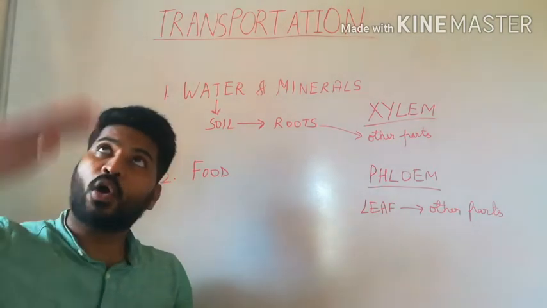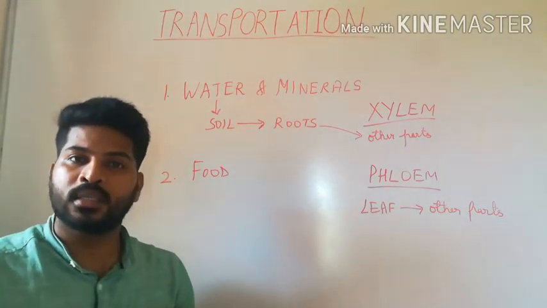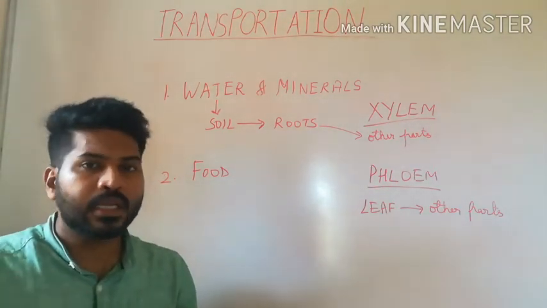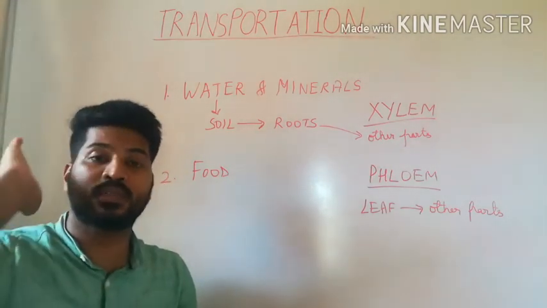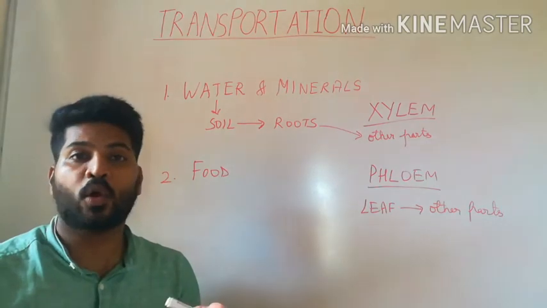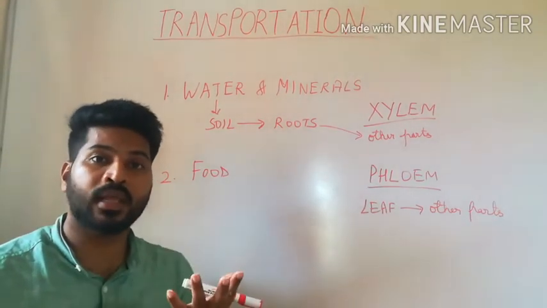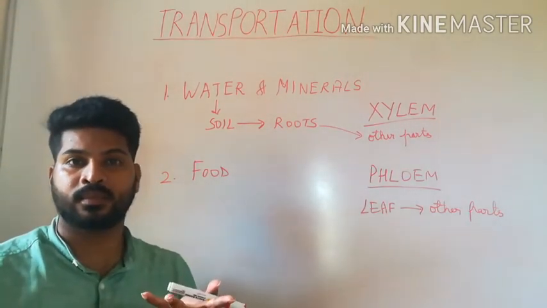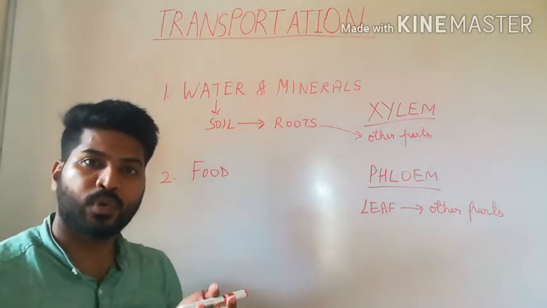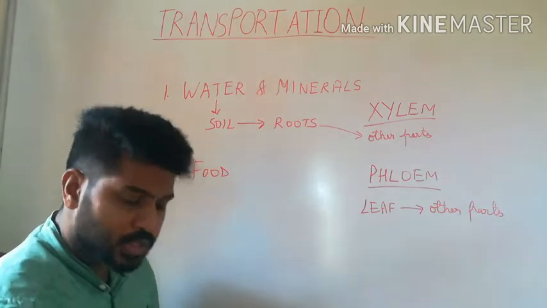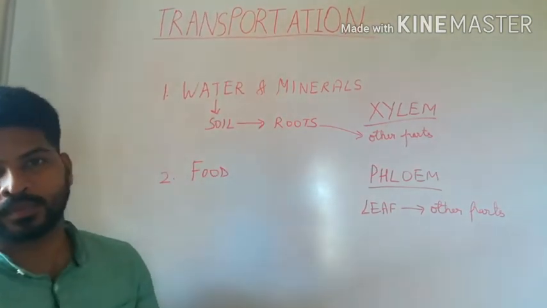But in the case of tall trees, this mere root pressure is not enough for transportation to such long distances. For example, in sequoia trees, which can be as tall as 60 meters, pressure is not enough to transport water from the roots to the top.